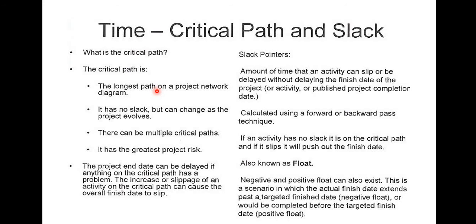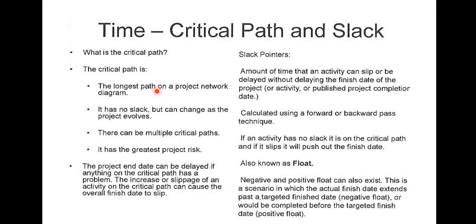The critical path has no slack but can change as the project evolves. So the question is, what is a slack? We are going to get there also. There can be multiple critical paths, if they all have the same number of days or months or years in terms of the duration of the path.